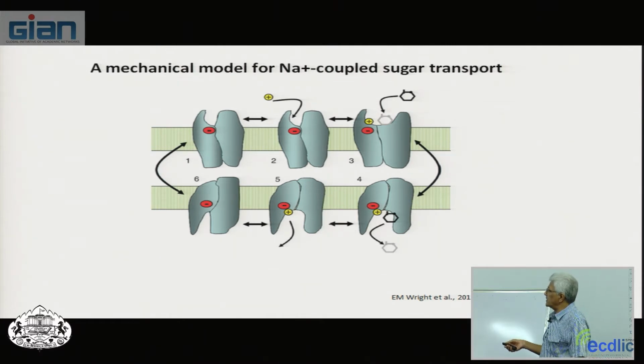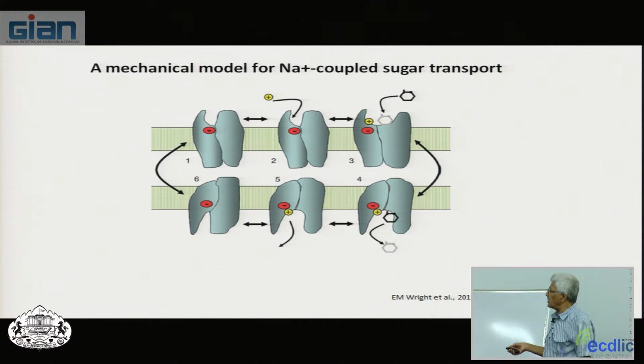And then first the sodium binds and then the glucose binds, because this is a sodium coupled sugar transporter. Unless sodium binds, the glucose cannot bind because there is a conformational change. And once both of them are bound, as you can see now, this binding site is flipped. So that's the alternate access mechanism, from out to in or in to out.